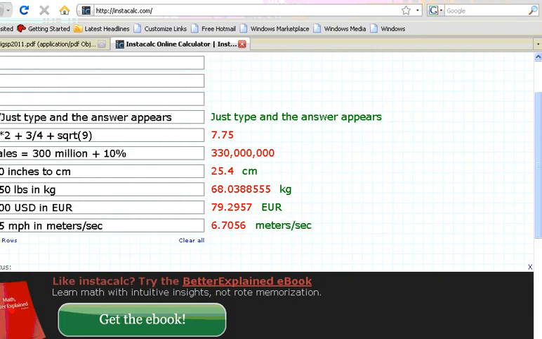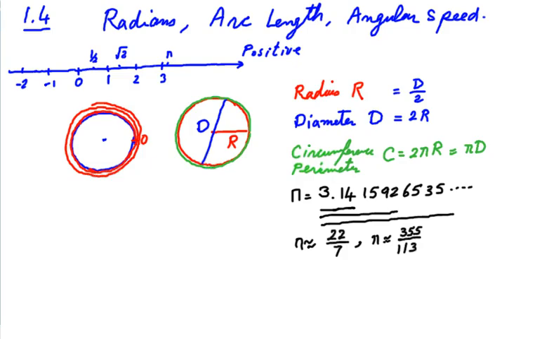So 355 over 113 gives 3.141592, six digits. Let's see. So this approximation starts to differ at this location.